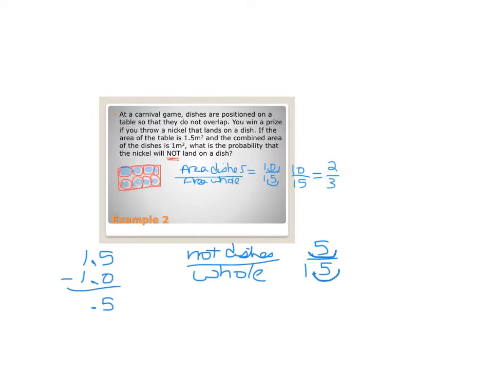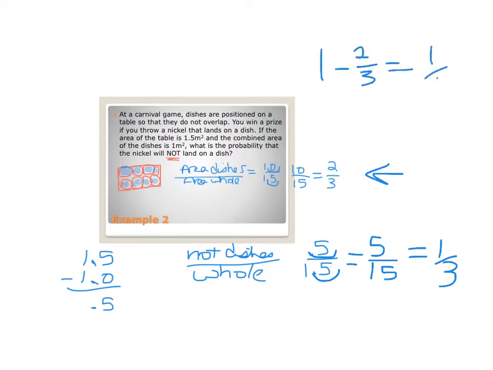I can move it once, and I have 5 over 15, and it gives me 1/3. Always remember that the event occurring and not occurring needs to equal 1. So if you did the other one first, you could subtract it from 1 to get not hitting the dish. So the answer that the slide was asking for was 1/3.